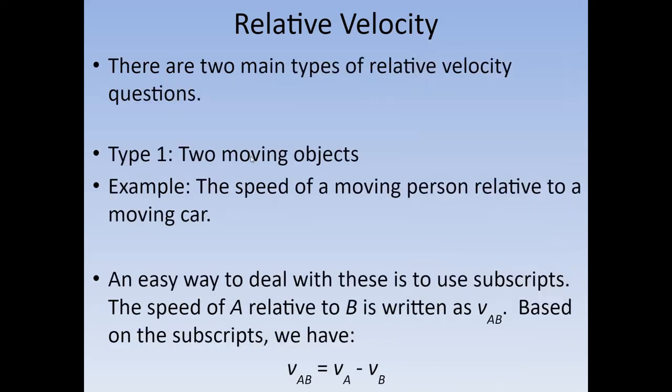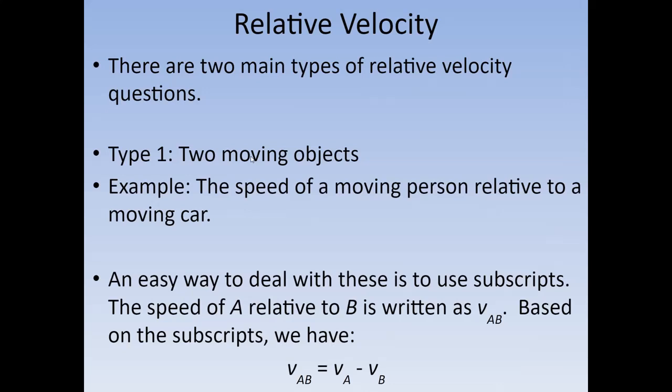Now, there are two different types of relative velocity questions. One example is that you have two moving objects and you're trying to see how one object is moving relative to another. Typically, they represent the two velocities using terms with subscripts, as in VA and VB would represent the velocities of the two different cars, or in this case, a person and a car.